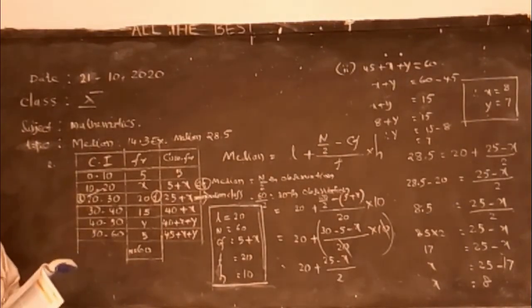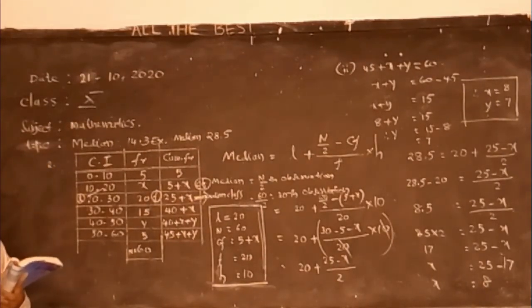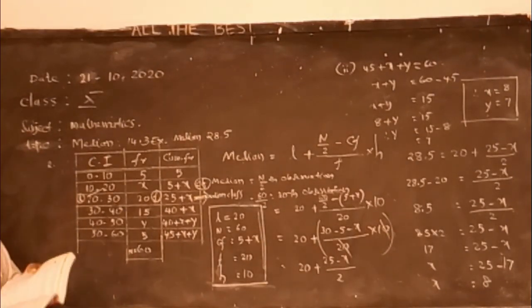I will take the next two or three for one table: arithmetic mean, mode, median. Thank you.